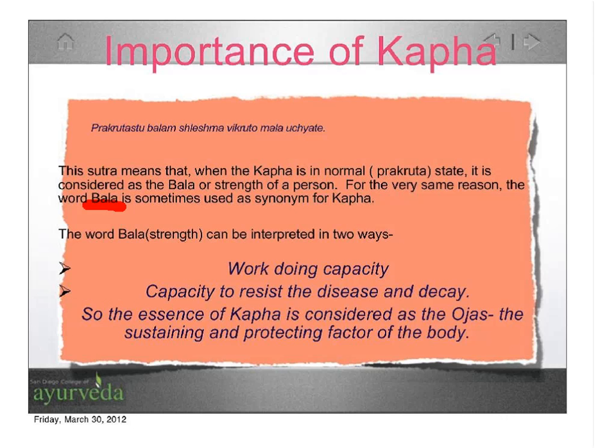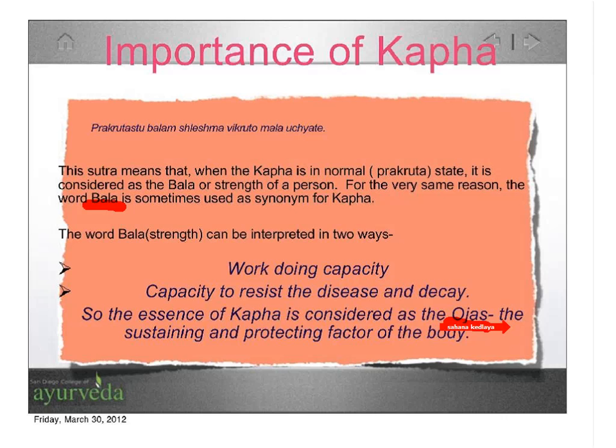So the essence of Kapha is considered as the Ojas. Ojas is one of the important concepts in Ayurveda. About this Ojas we'll study in a little more detail at the end of today's lecture. For now, remember that Ojas is the essence, the micro extract of Kapha dosha. It is considered the finest, refined form of the Kapha.